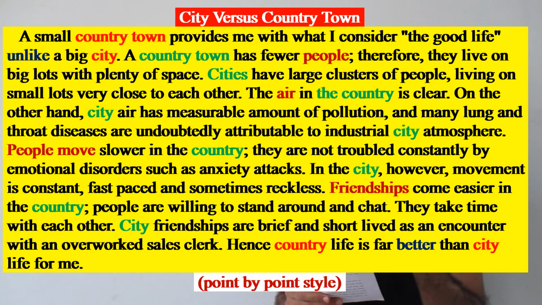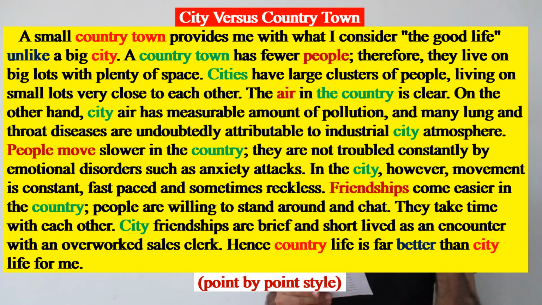In the city, however, you see here the transition to show contrast, movement is constant, fast-paced, and sometimes reckless. So here also he mentions the third point of contrast, which is people's movement, and he shows how they are different. In the city, it is fast, but in the town, it is slow, this movement of people.